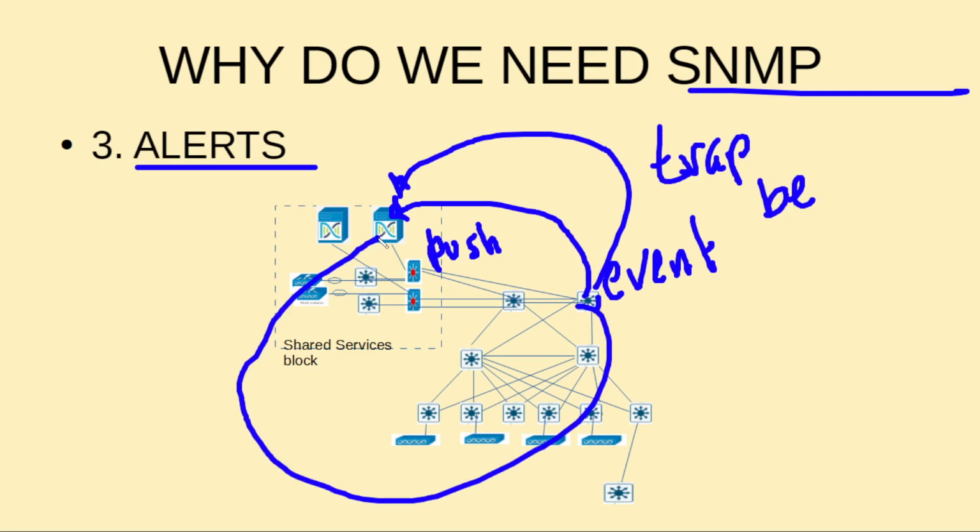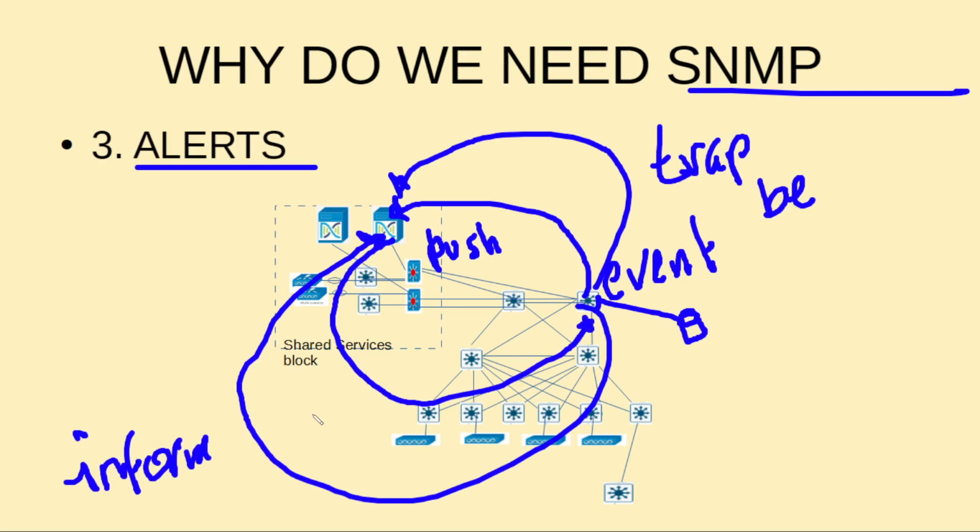The other type of alert that we have are informs. Informs are going to get stored in this device's memory, because this device must track these informs over time. It is going to try to send these informs over and over until it receives an acknowledgment back from the network management system.